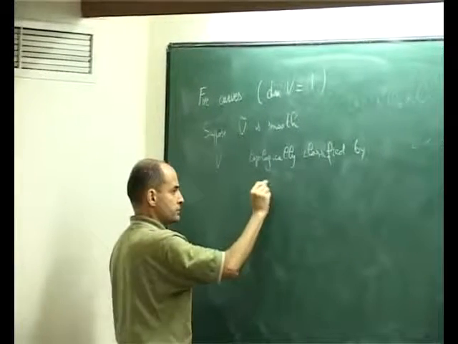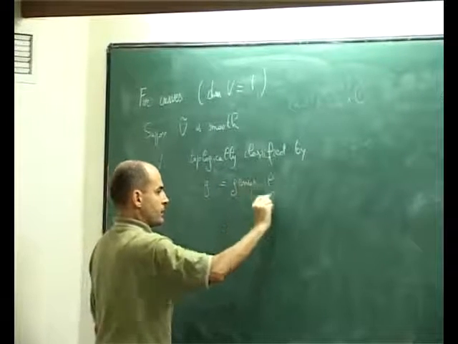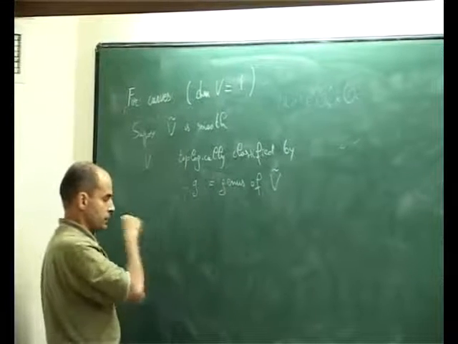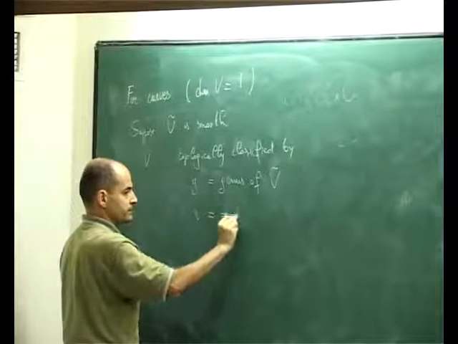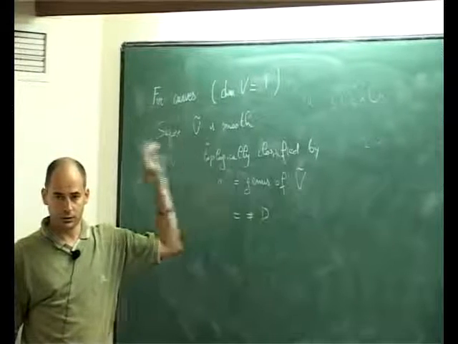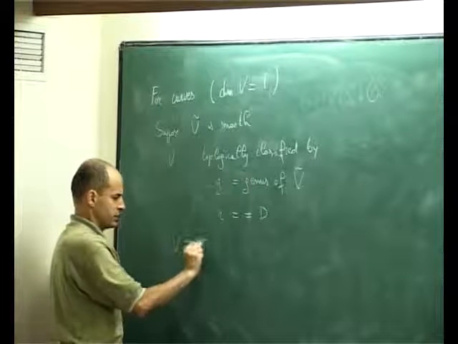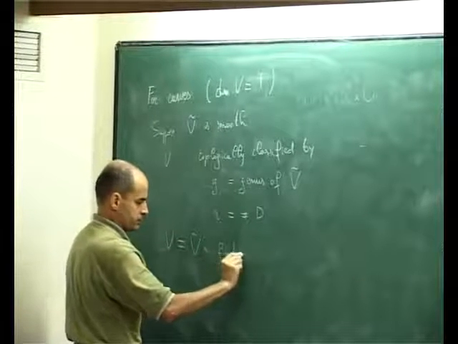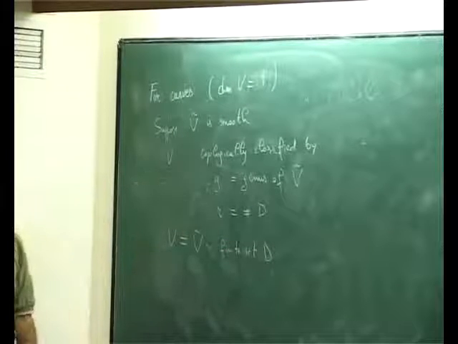One is the genus G of B tilde, and the second invariant, let's call it R, is the cardinality of D. D now is a finite set of points. So B is B tilde minus a finite set, which might even be empty.